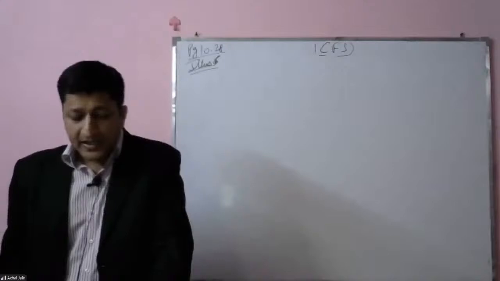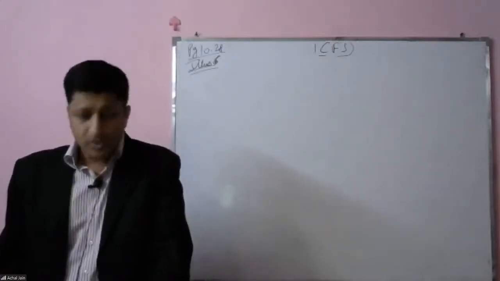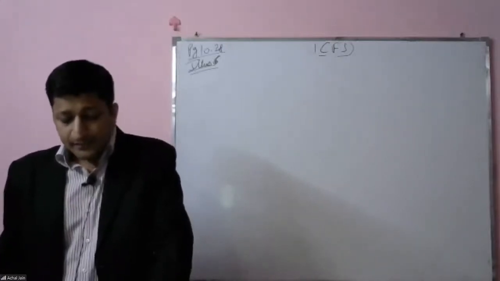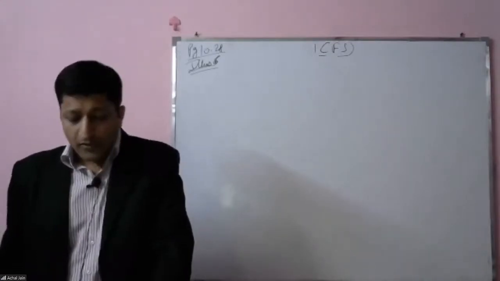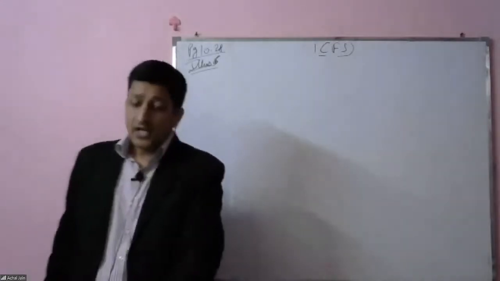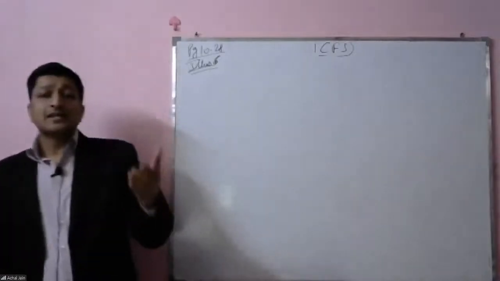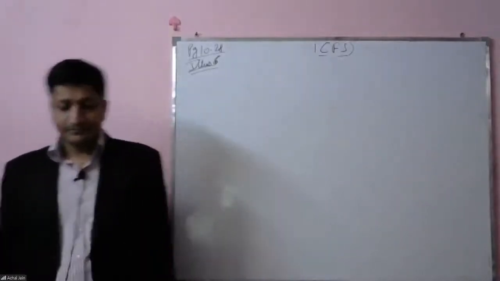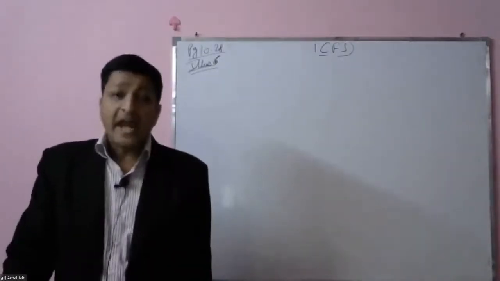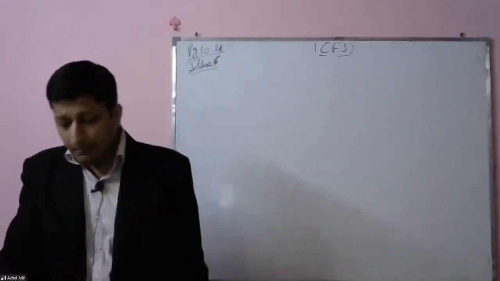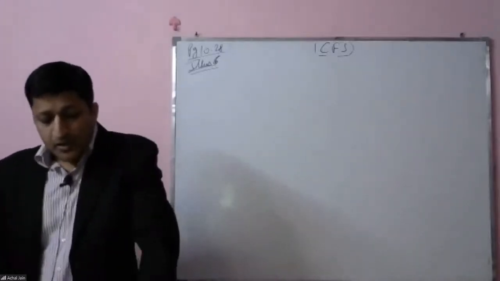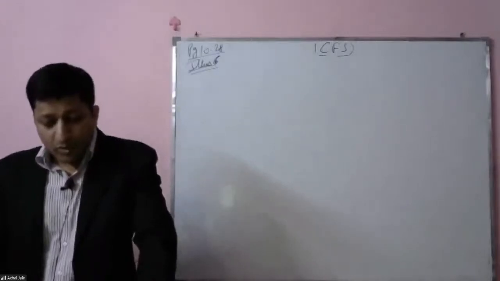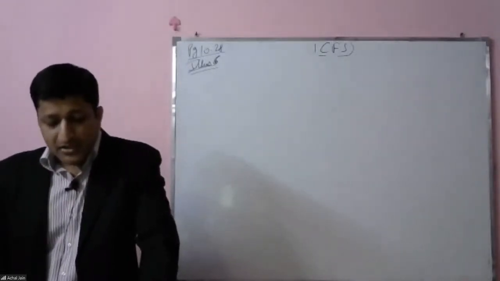Virat holds 80% shares in Anushka since the incorporation of Anushka Limited. So in this case, Anushka Limited is the subsidiary, and Virat is the holding company. So we are given the balance sheet of two companies as at 31st March X1.